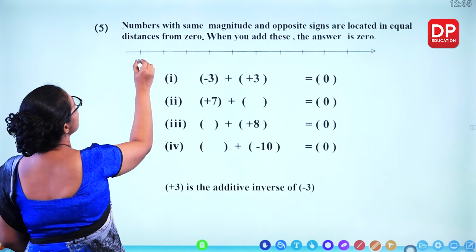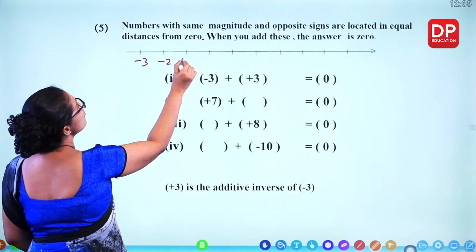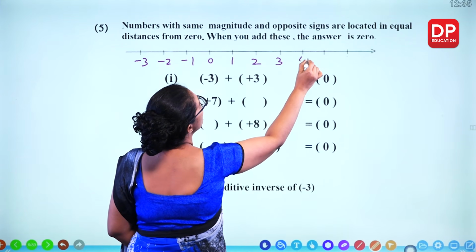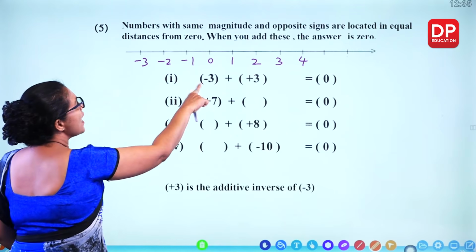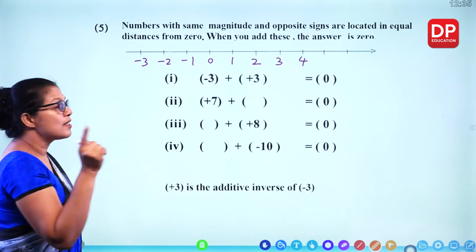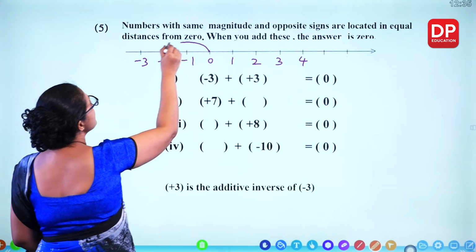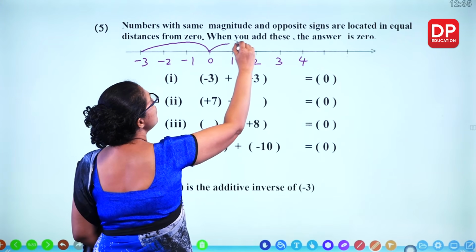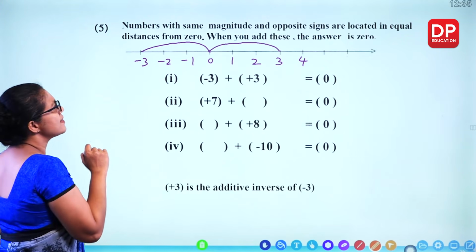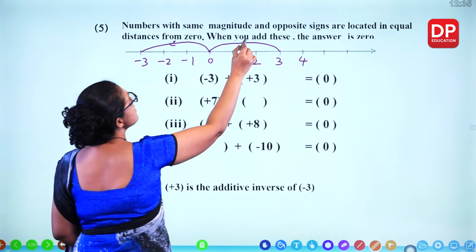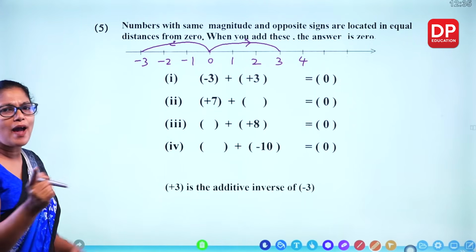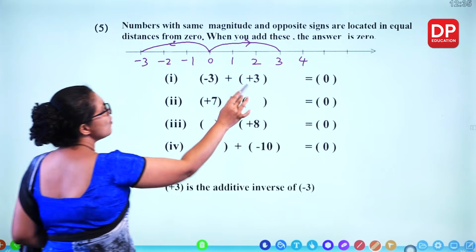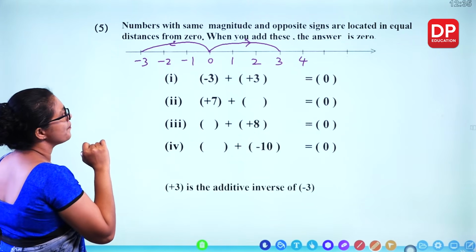So here I can start -3, -2, -1, 0, 1, 2, 3, 4, 5 like that. -3, what does it mean? 0 to -3 distance. +3 means 0 to the right hand side distance. So these two distances are the same. When you add, what happens? Opposite sides get cancelled out and you get 0.